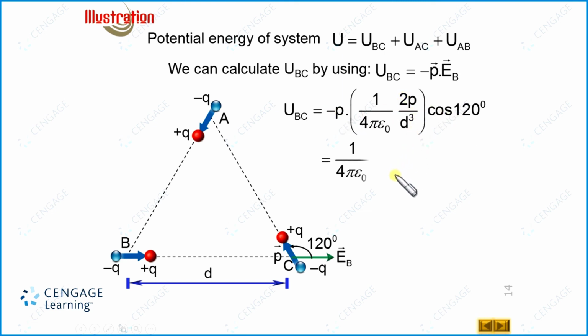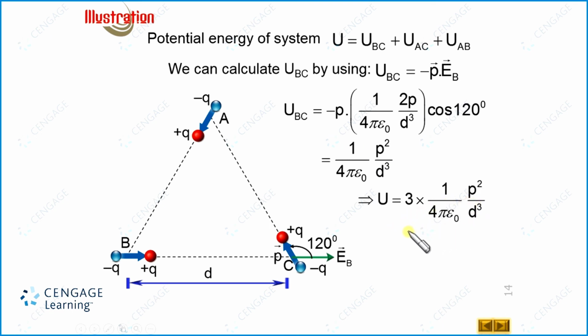It gives 1 upon 4 pi epsilon naught p squared divided by d cubed. This is UBC. As we discussed, UBC, UAC and UAB are all identical. That means the total potential energy is equal to 3 multiplied by this value.